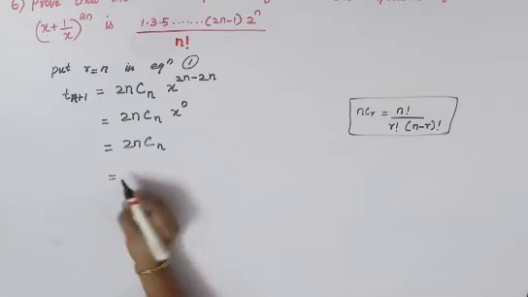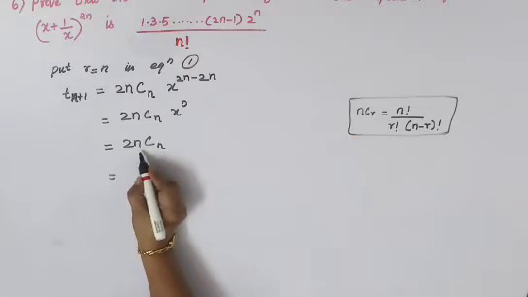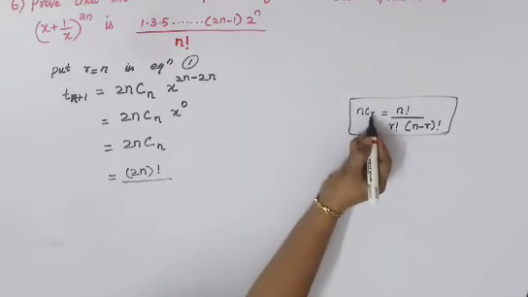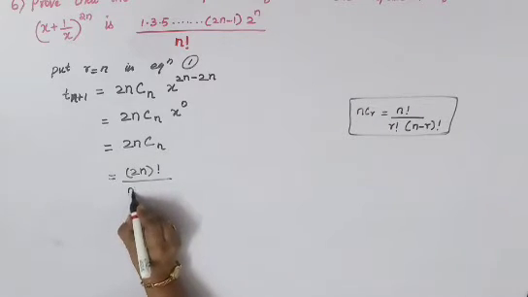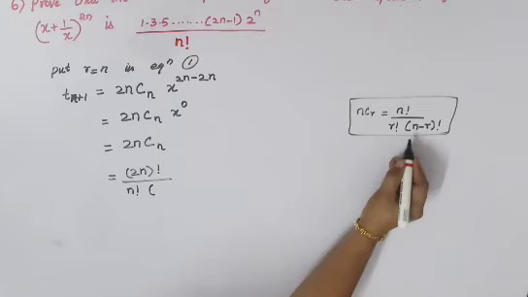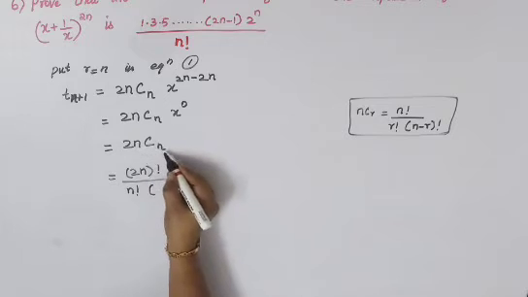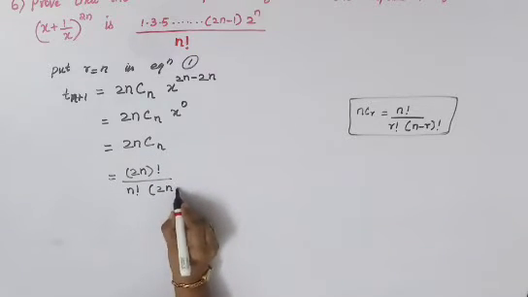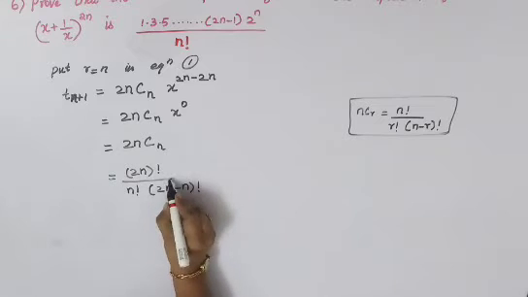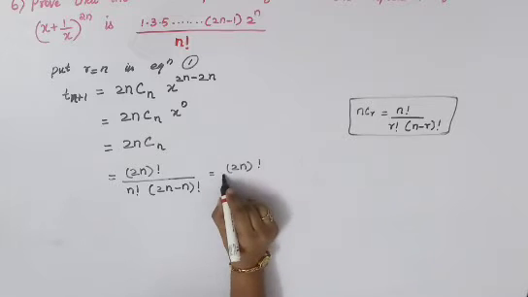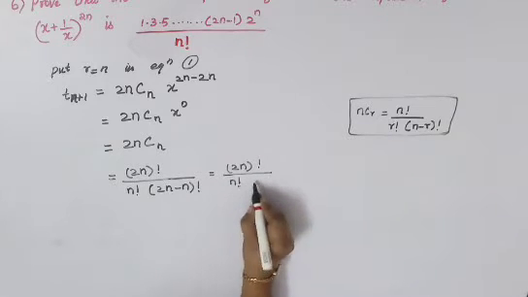In the place of n we have got 2n, so 2n factorial divided by r factorial, and in the place of r we have got n, so n factorial into n minus r, so here 2n and n has to be subtracted, so 2n minus n factorial. Which is equal to 2n factorial divided by n factorial into 2n minus n, you will get again n factorial.